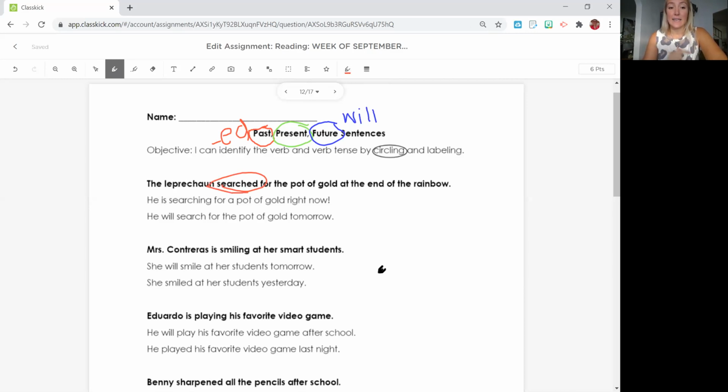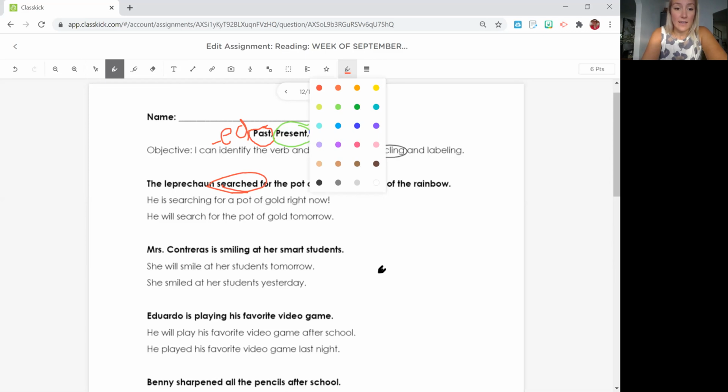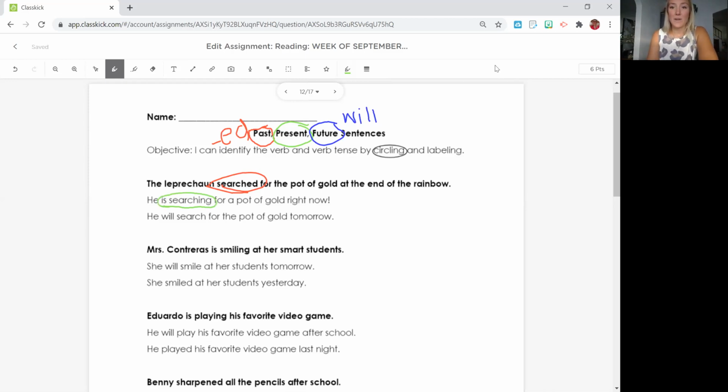Next sentence. He is searching for a pot of gold right now. If it's happening right now, that is present tense. Now, as you see, they use is and ing. That is present progressive. We won't learn about that very much in third grade, though.